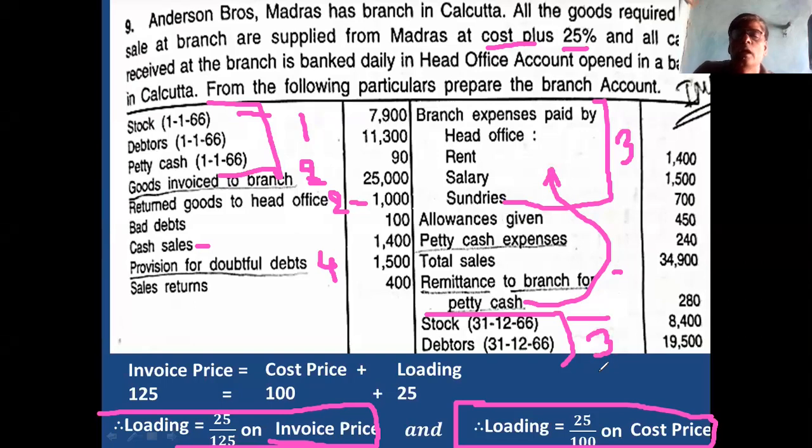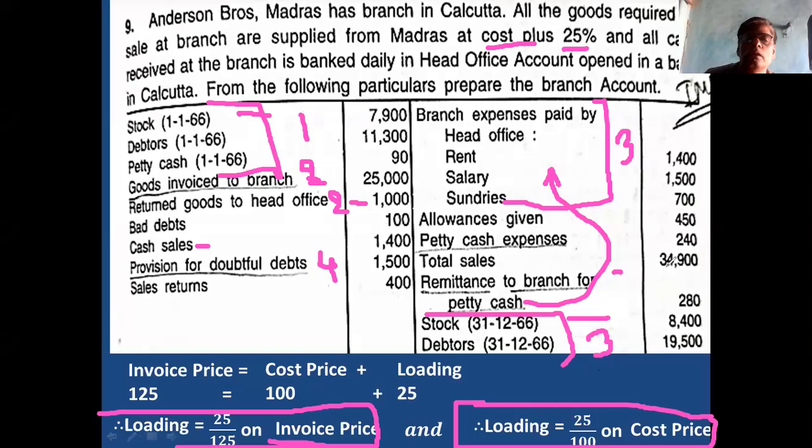Okay. After writing the first debit side 4 items and credit side 4 items of your branch account, again you have to write debit side 2, credit side 2, for removing the loading. In this problem, they have not mentioned the cost or invoice.